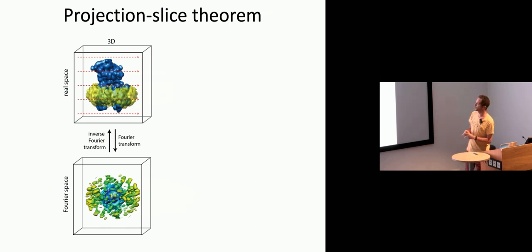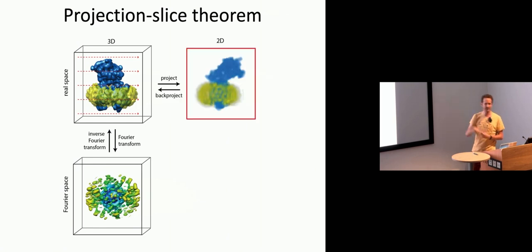Now, in the microscope, the red dotted arrows there indicate the direction of the electrons as they go through this copy of gamma secretase, and they then give rise to this two-dimensional projection image. So this is what happens in the electron microscope.